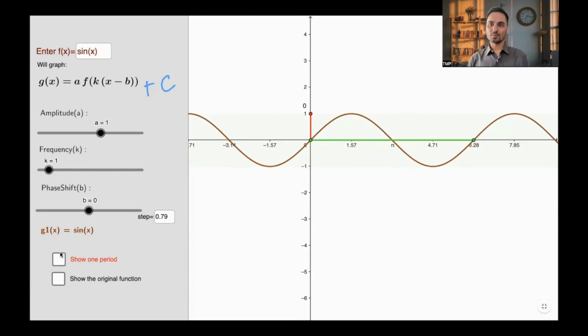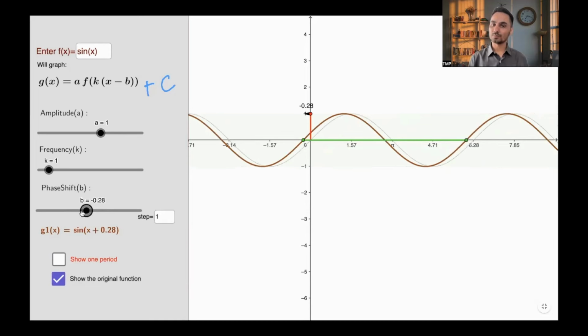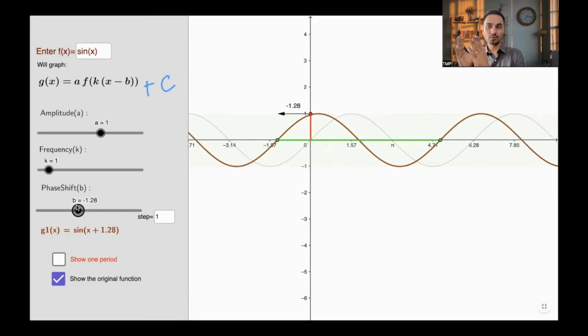Now let's talk about the phase shift or the horizontal shift. For horizontal phase shift, we change the value of b, and now on screen you have the graph of sin(x - 0.72). If you compare it with the graph of sin x, it is shifted by 0.72 towards the right side. And if we change this value to a negative value, we will see that the graph shifts towards the left. Do you know the reason why?